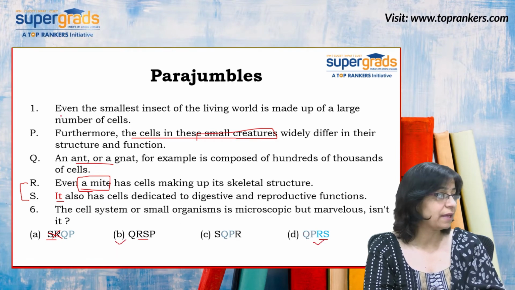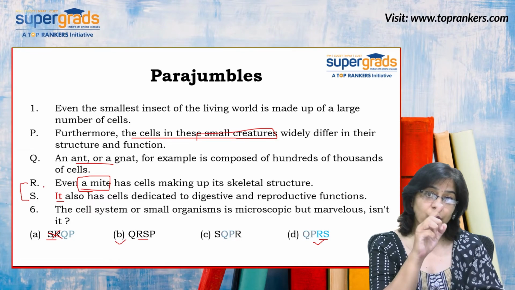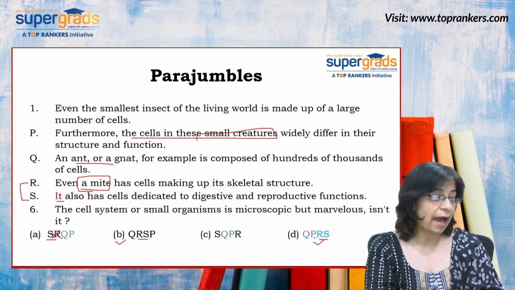Now let's see. Even the smallest insects in the living world are made up of a large number of cells. And then if we place R, even a mite has cells making up its skeletal system. This doesn't really go well with the first statement. How about we put option P now?